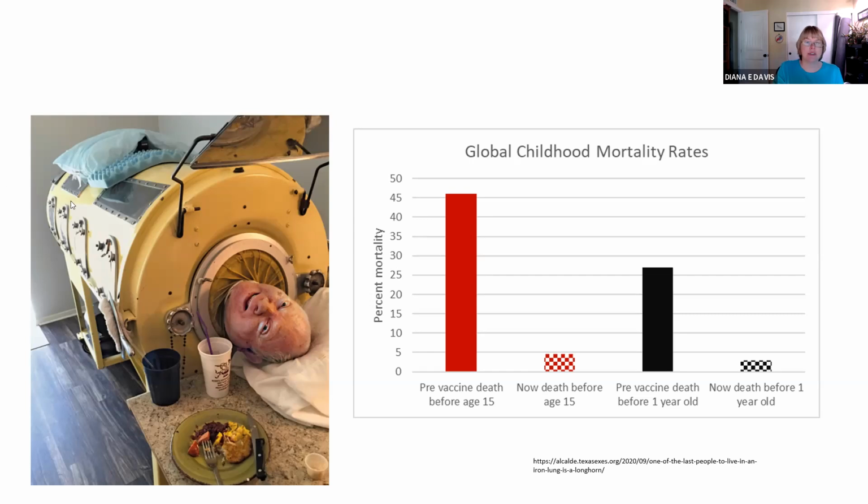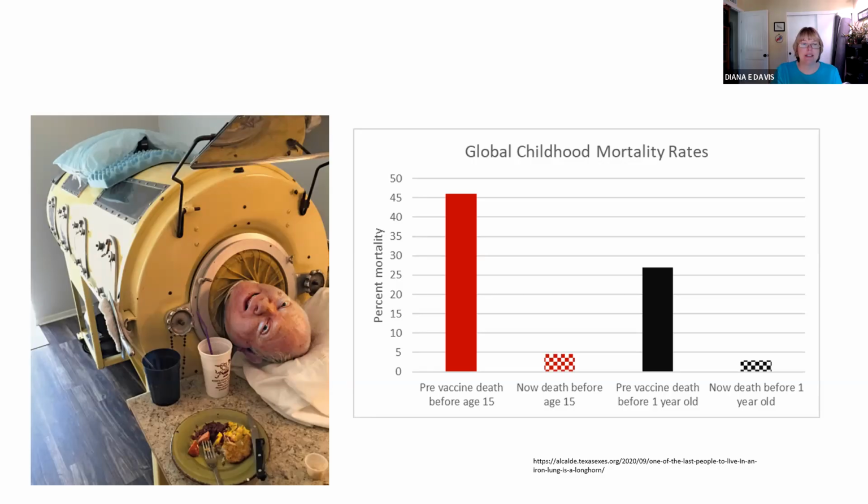This is an iron lung. He has been in an iron lung since he was a child. He's paralyzed and completely unable to breathe. So he has to stay in this structure in order to breathe.